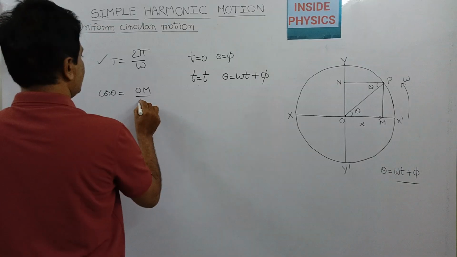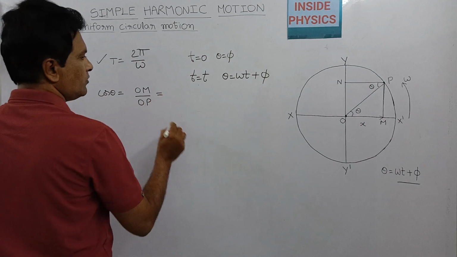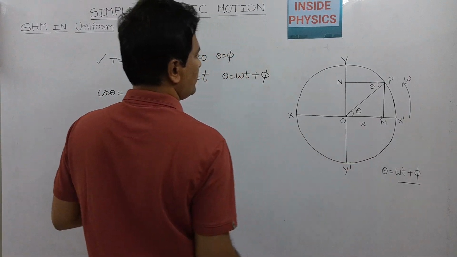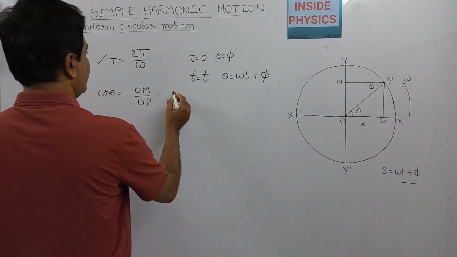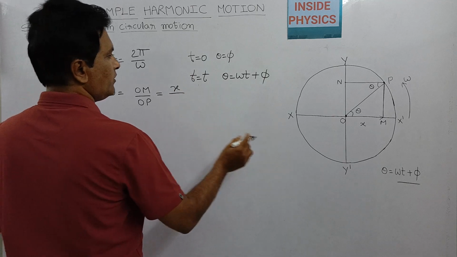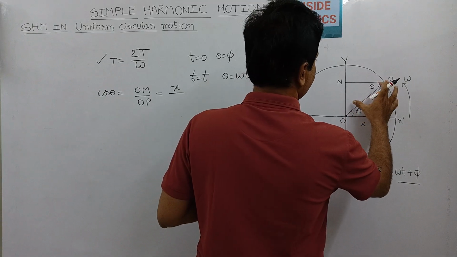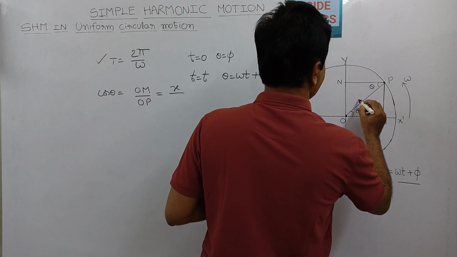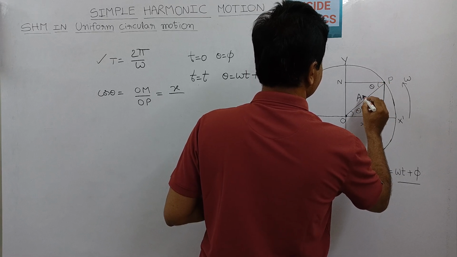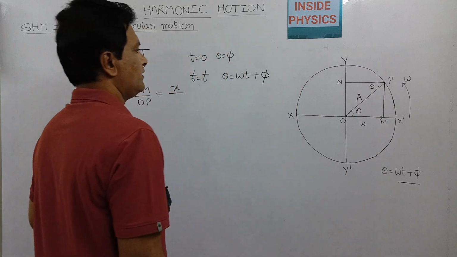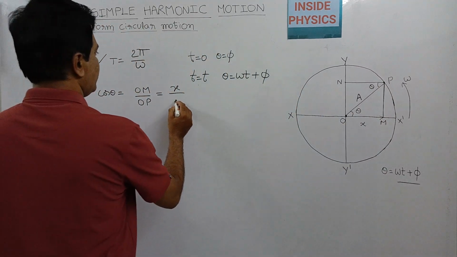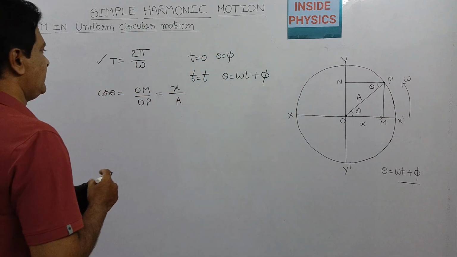What is OM here? Adjacent side, nothing but displacement, right? X by OP. This is nothing but the radius, and we can mention it as A, the radius of the circle.